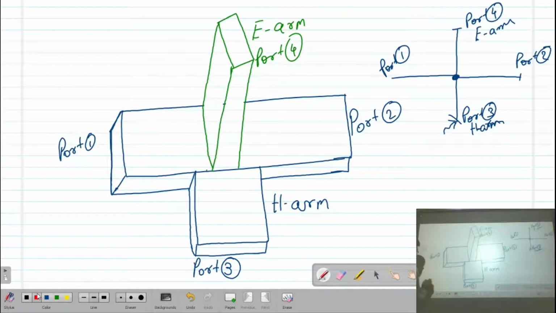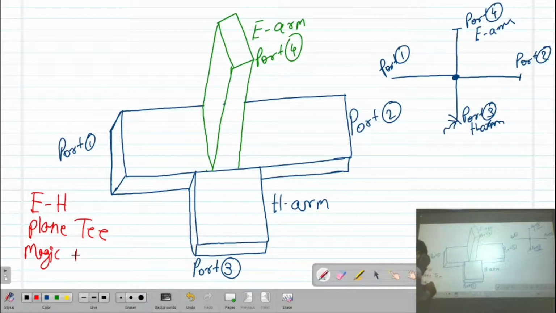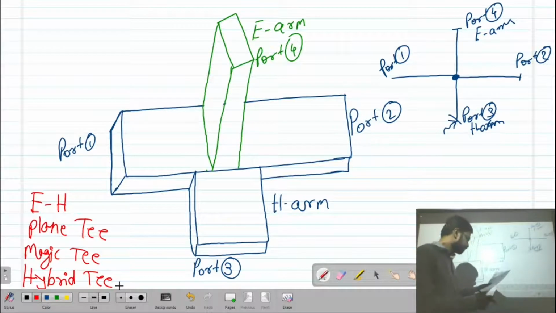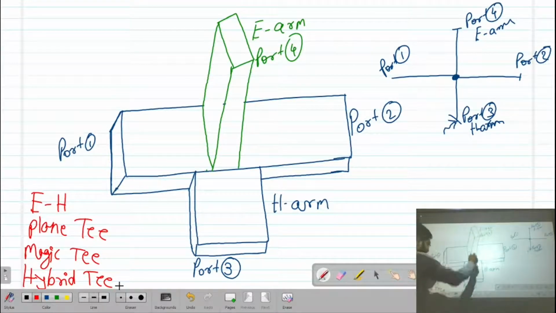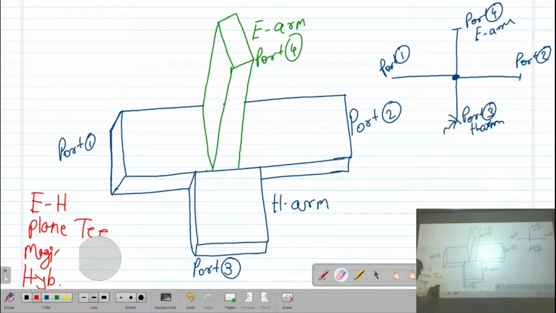Let me write again: this is nothing but EH plane T, or magic T, or hybrid T. All these names are of the same thing, and we will keep this picture for our reference.